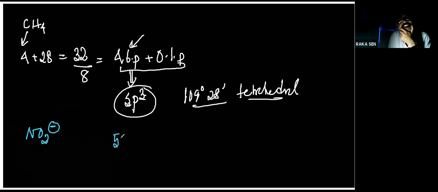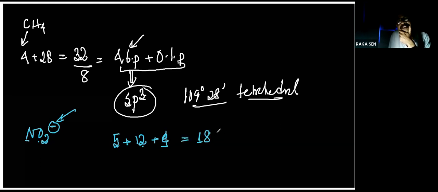Nitrogen has 5 valence electrons. This is in the 5th group. Each oxygen has 6 valence electrons. I've got 2 oxygens, so 12. I have 1 electron extra, plus 1. So 5 plus 12 is 17, 17 plus 1, 18.